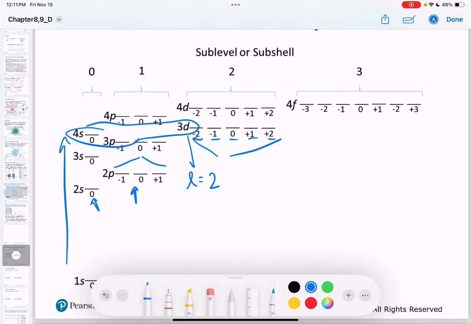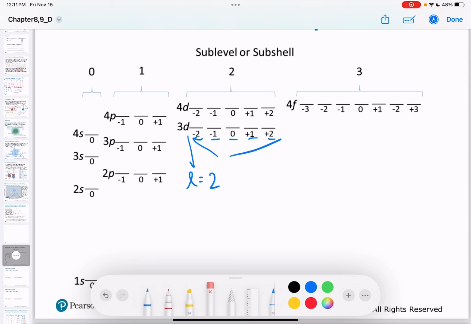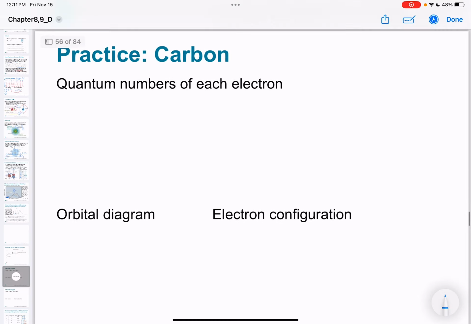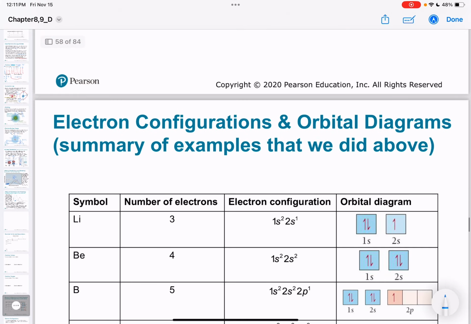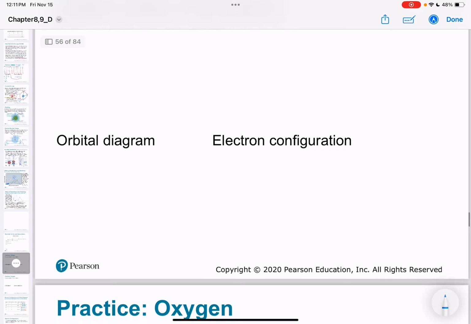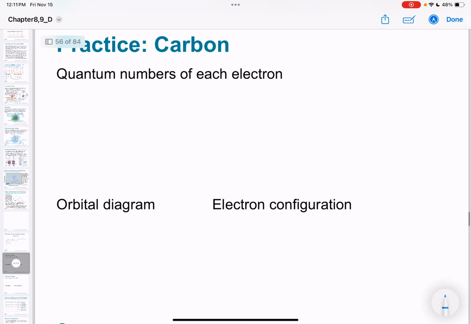Okay? All right. So the first practice problem that we're going to do is, and we actually did some of these the other day and maybe even some harder ones, but we're going to do carbon and oxygen. And so if you want to go ahead and practice these right now before I get started, that's probably a good point.